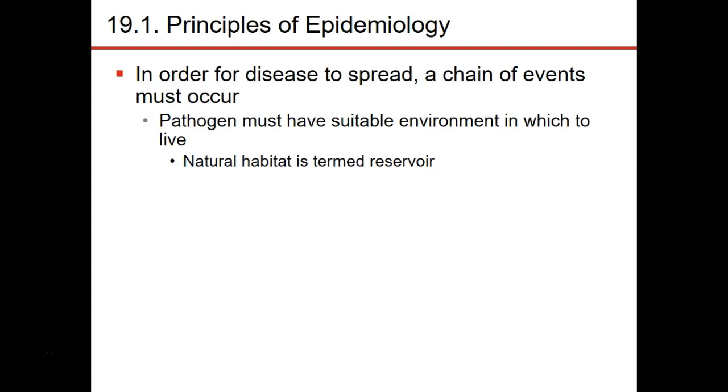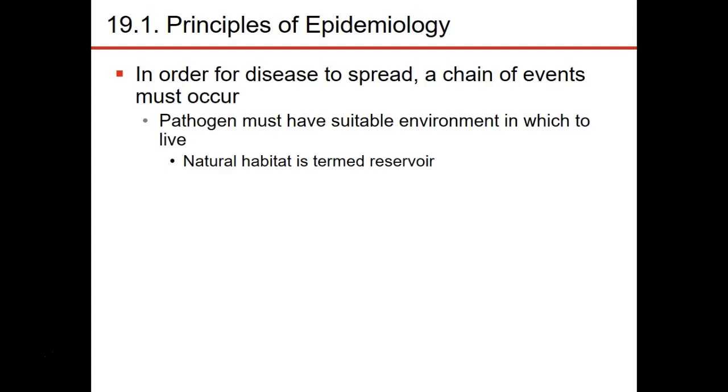So if we're going to have a disease spread from one person to another person to another person and end up having an epidemic, there are a number of events that have to occur. And the first is that the pathogen that causes the disease has to be in that environment.